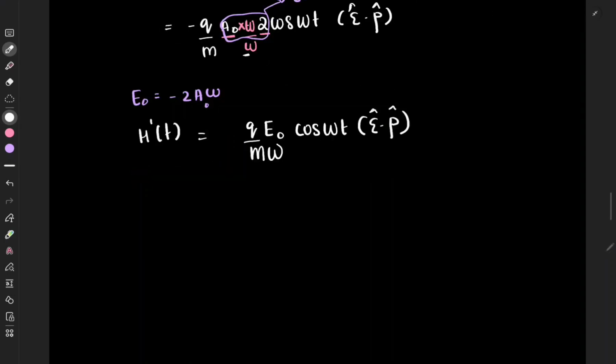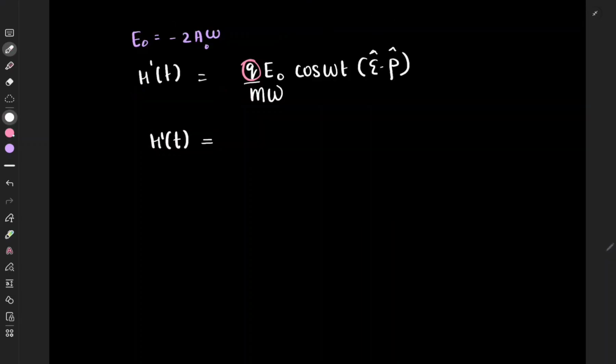Fine. Here you can see that H prime of t depends on a single charge, but a molecule comprises multiple charges. So we can modify the H prime of t equation: you take q inside the summation, and the rest of the terms will be outside. So it will look like this: E naught divided by omega, cos omega t, summation over n of qn divided by mn.